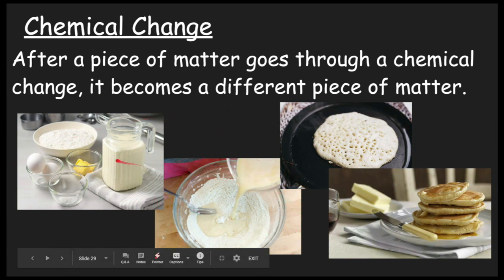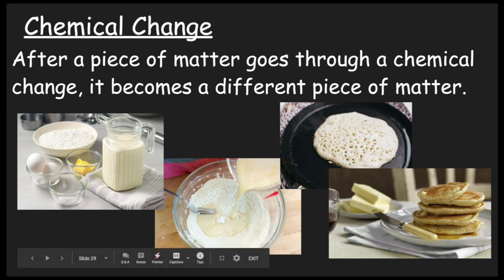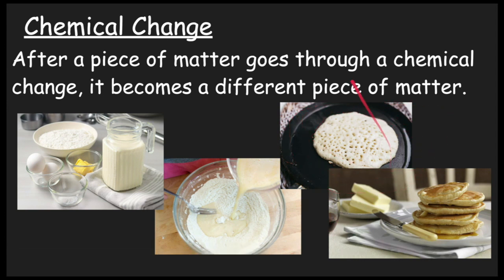But in this photo, somebody is combining all of these ingredients and they're pouring them all together and mixing them up in a bowl. In this photo, the person who's making these pancakes is starting to cook the batter and the different ingredients. And this is where the chemical change happens.